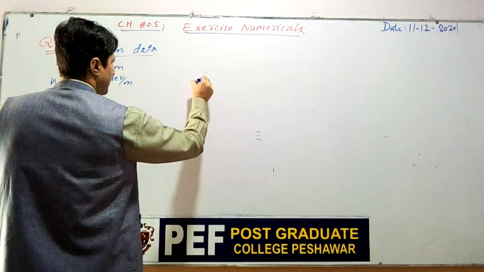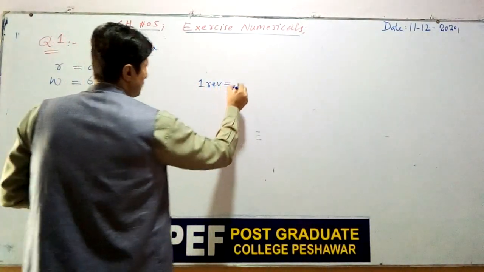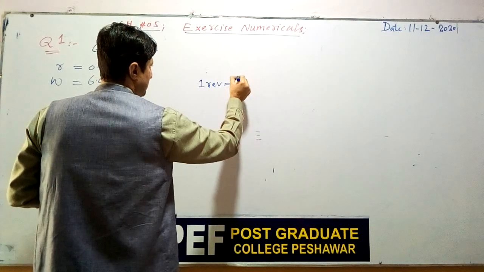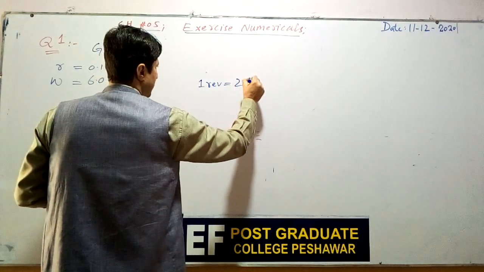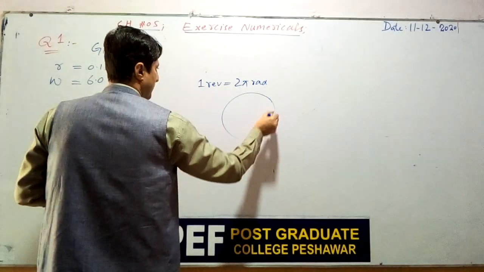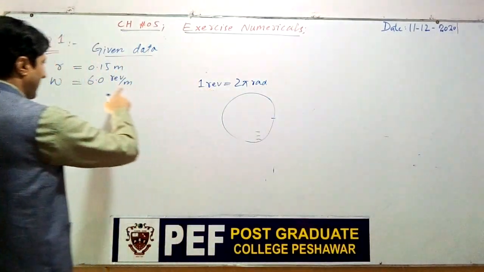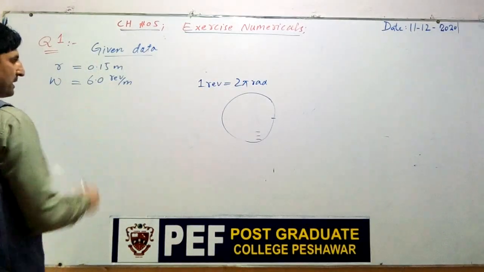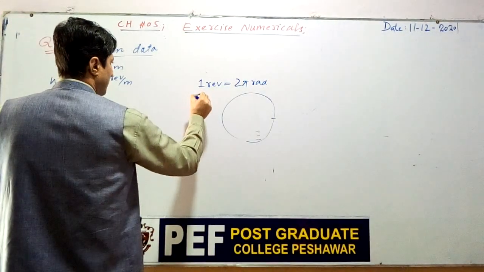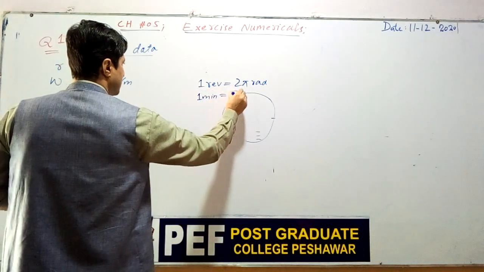We know that one revolution is one complete round trip, which is 2 pi radian, started from here and again reached to here. So we write 2 pi radian instead of revolution, and also we know that 1 minute is equal to 60 seconds.